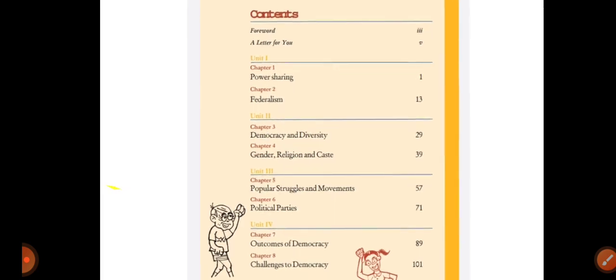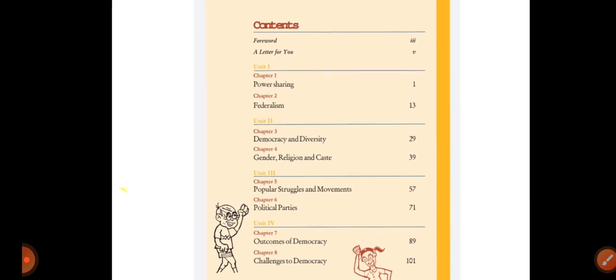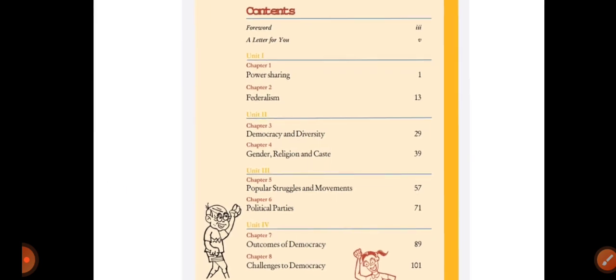The chapters which will be evaluated in the board examination are the first and second chapters, that is Power Sharing and Federalism. Then chapter 4, Gender, Religion and Caste. Then Political Parties, chapter 6. Then chapter 7, Outcomes of Democracy.